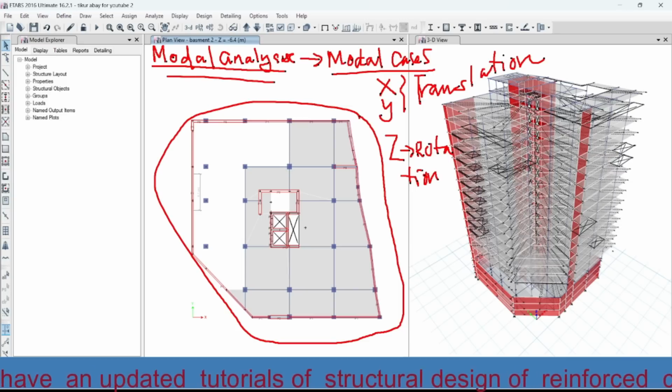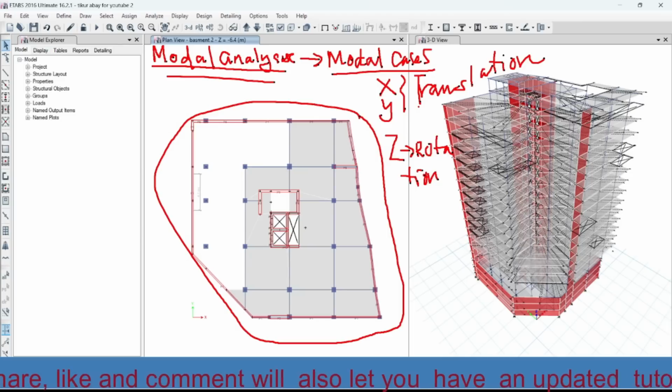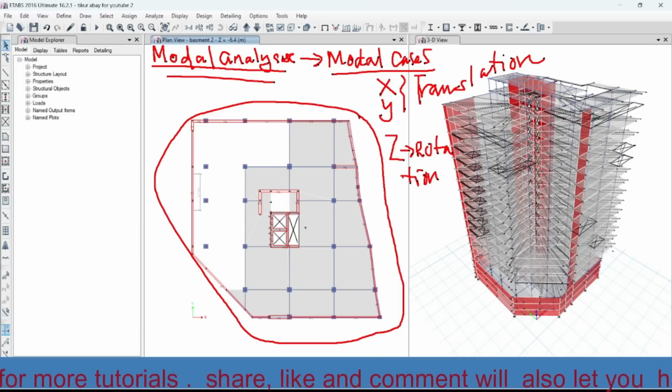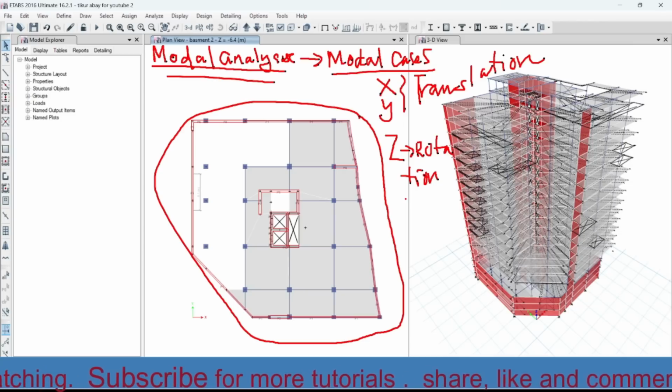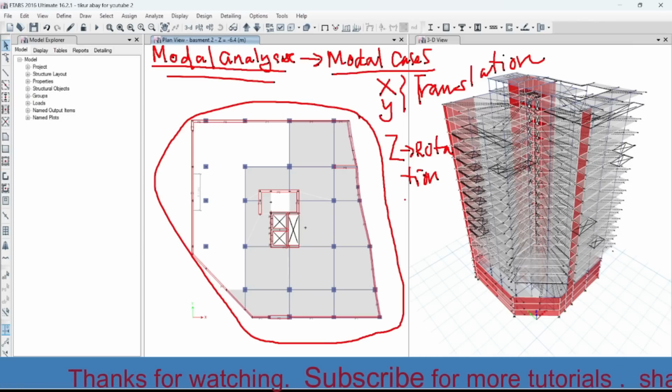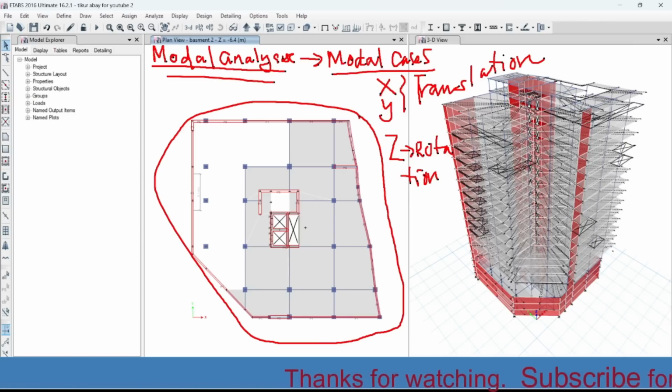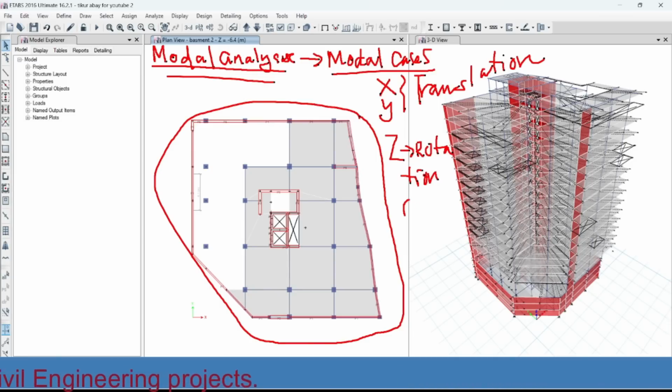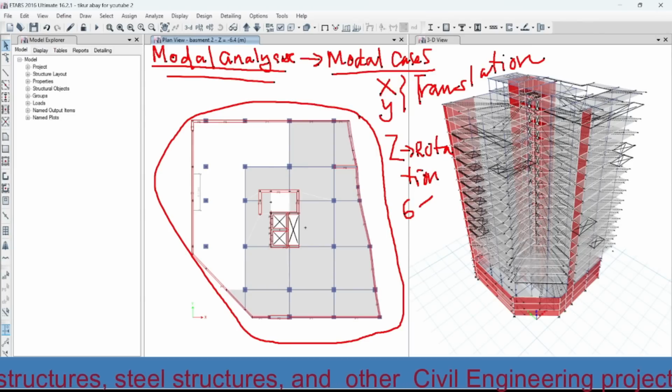So during the modal analysis we will be using only 3 degrees of freedom. During the finite element analysis, we have said that we will be using the 6 degrees of freedom. That means 3 translation and 3 rotation.